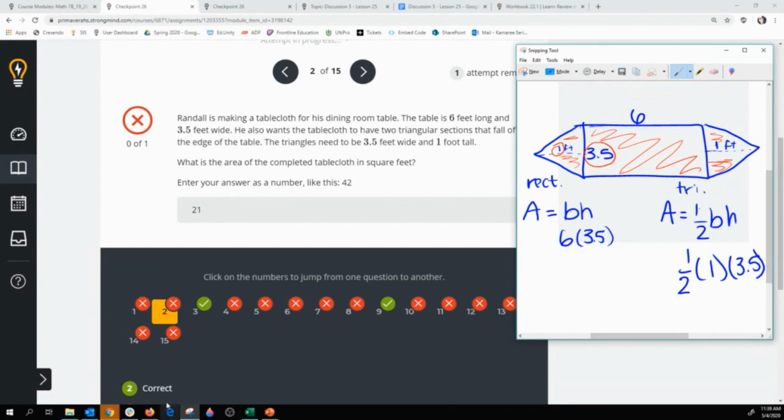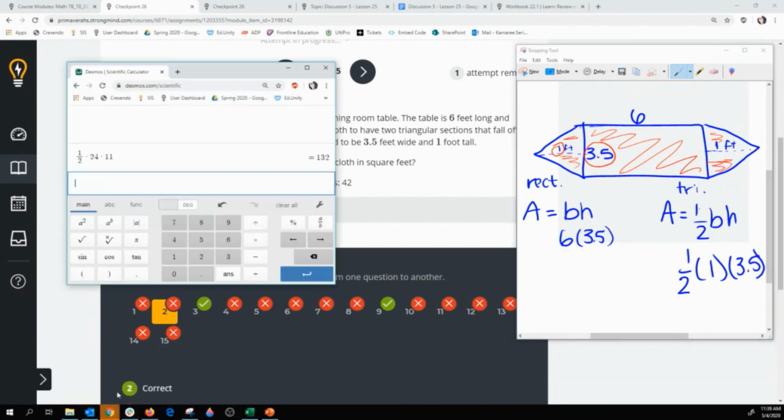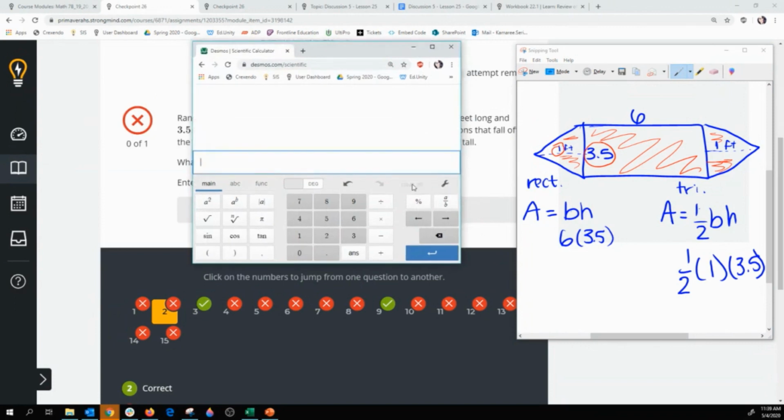And then once we know what we're multiplying, we can just type it into a calculator. So 6 times 3.5 is going to give me my rectangle area. And I have 1/2 times 1 times 3.5, which is my triangle area. But be careful, because how many triangles do I have on my tablecloth here?